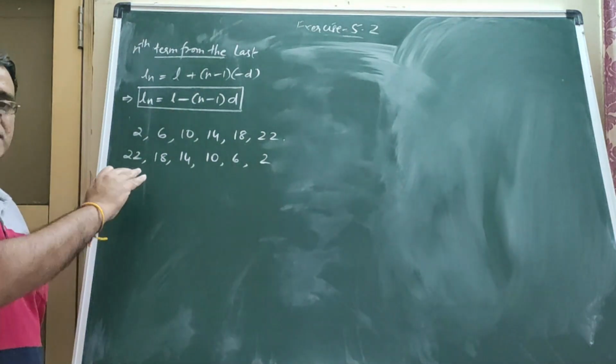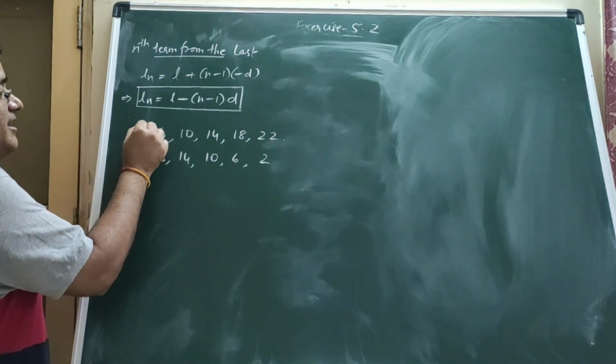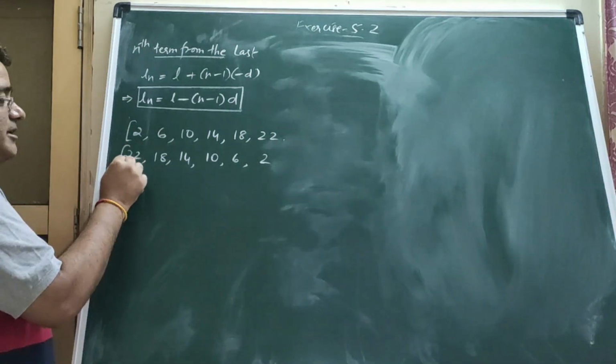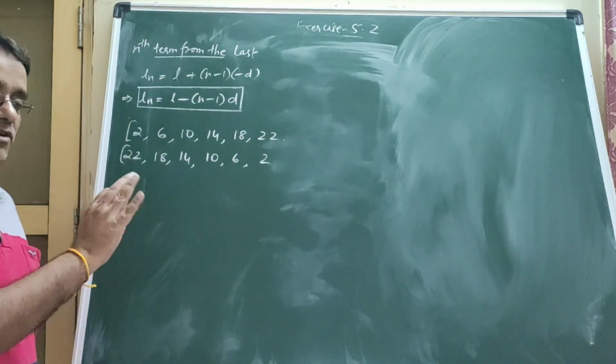Okay. सिर्फ D का साइन चेंज हो जाएगा. यहाँ पर D कितना है? इसमें 4 है. So यहाँ पे -4 हो जाएगा. Okay, is that clear?